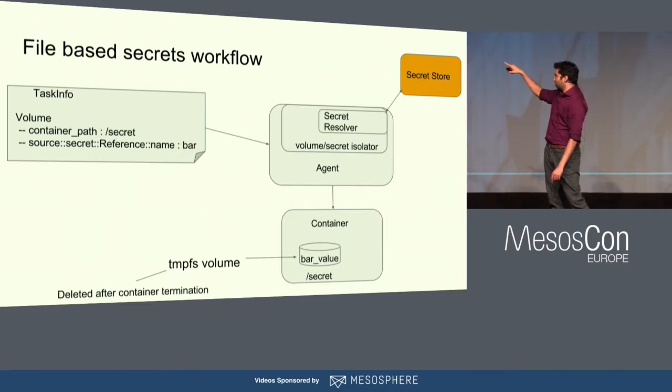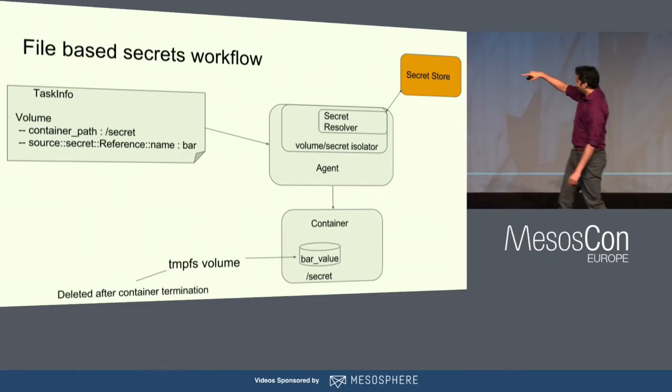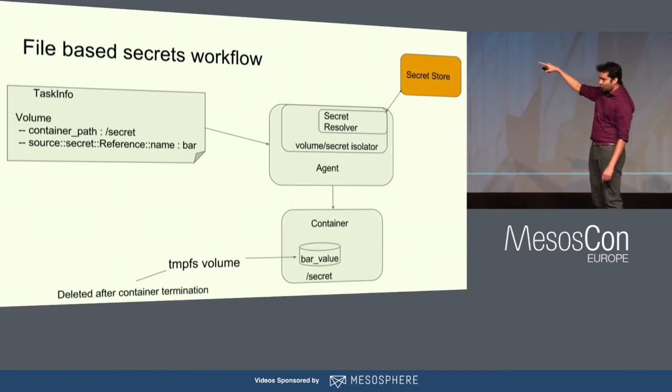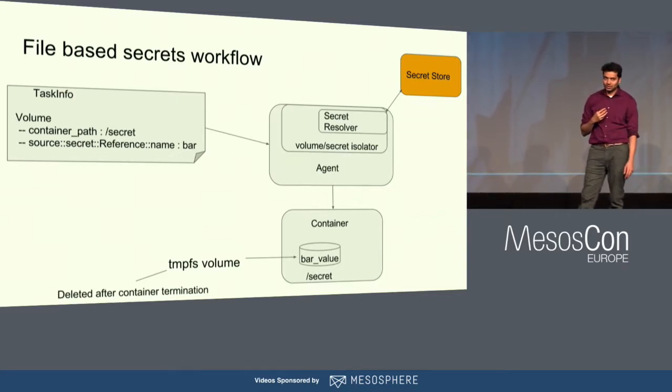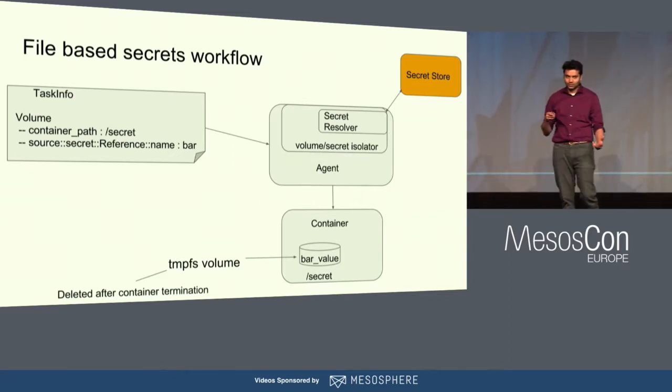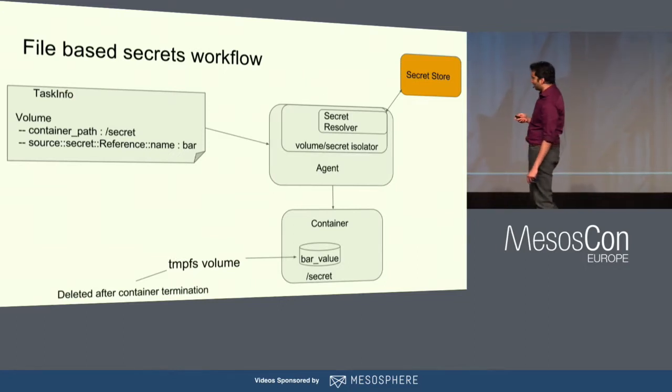Once you set that stuff in your task info, the secret resolver is called by the volume secret isolator that we added, and the actual contents of that secret are put in a location that you asked for in the volume proto, but it's mounted after as a tmpfs volume, which means once the container terminates, that volume goes away as well, and no one can see it. So that's a nice feature to have.